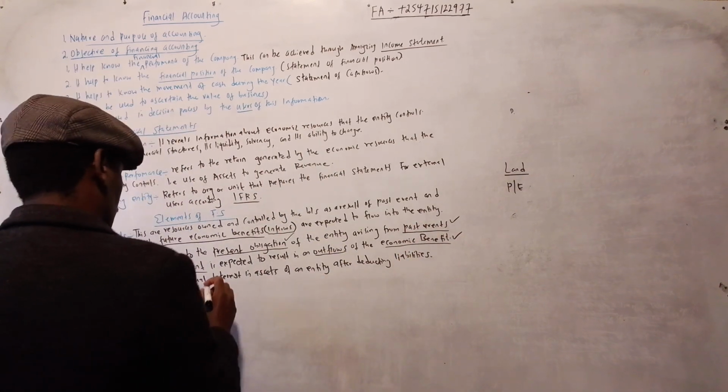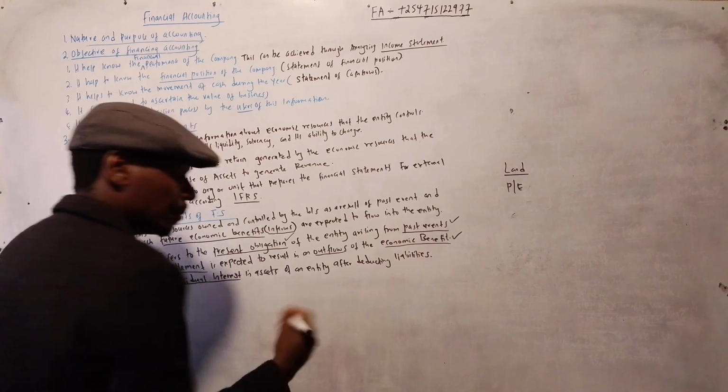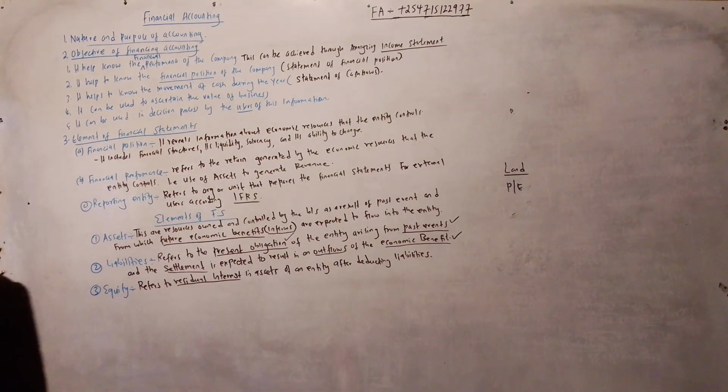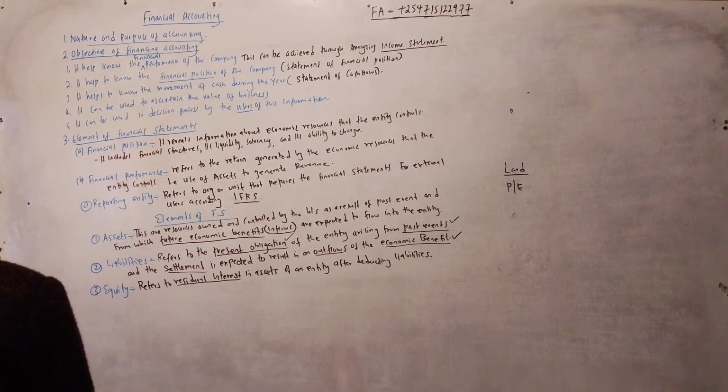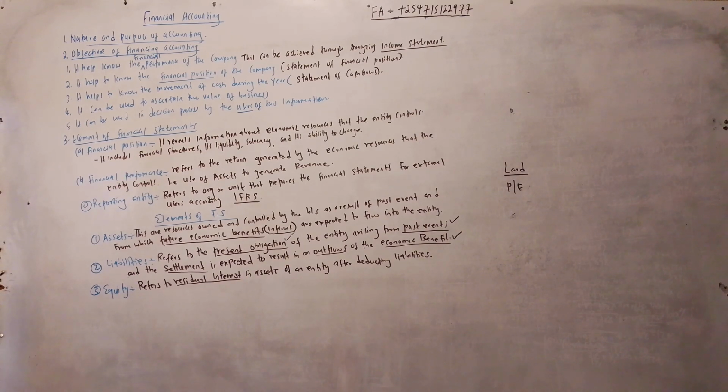So the keyword is what remains. What remains is what we call equity. Once we pay all our debts, what is left is what we call the equity component.